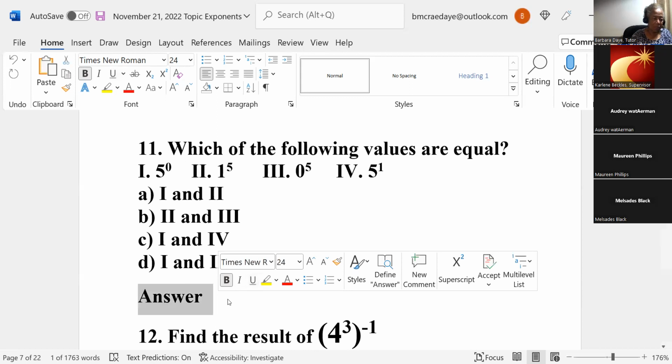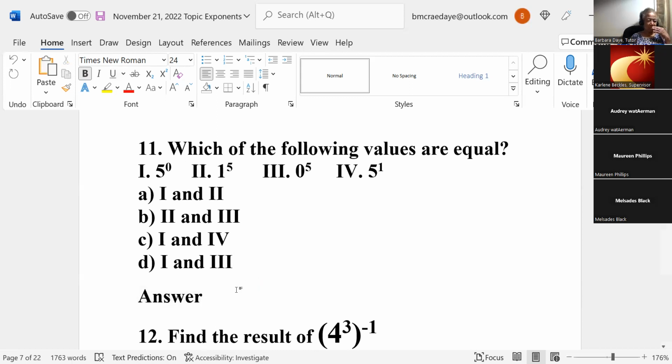And what else? 1 to the 5th. And what's that equal to? 1 to the 5th gives you 1. So that means 1 and 2 are equal.